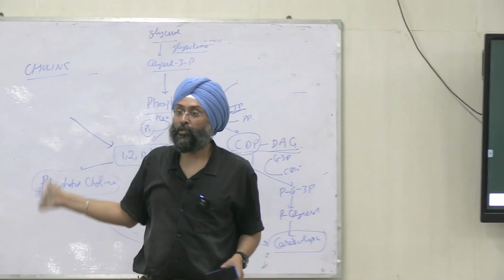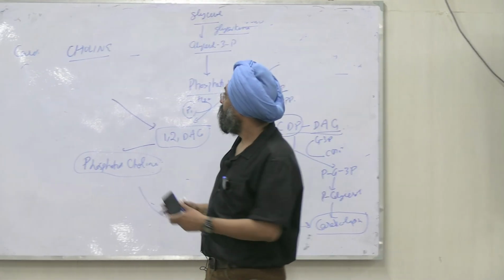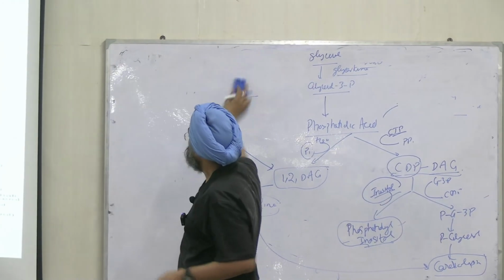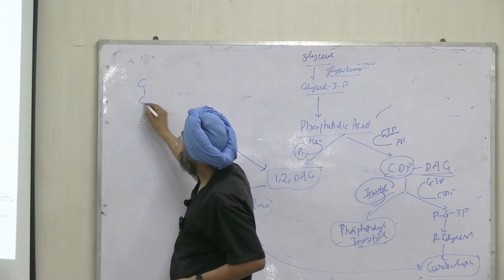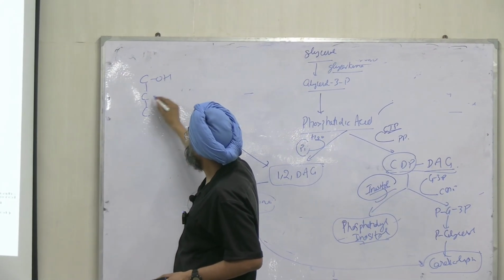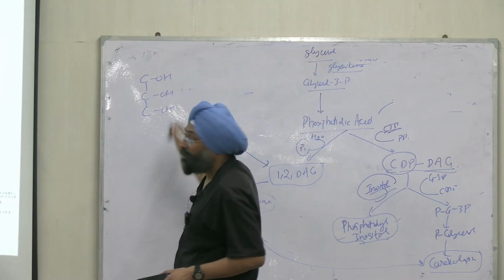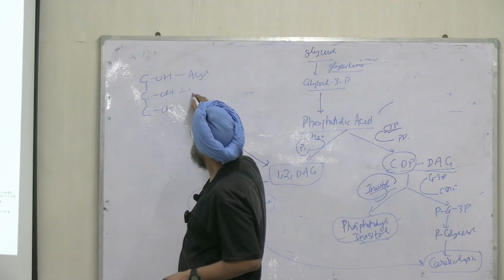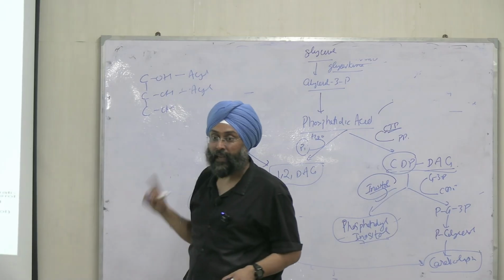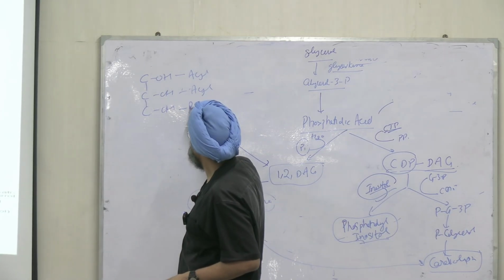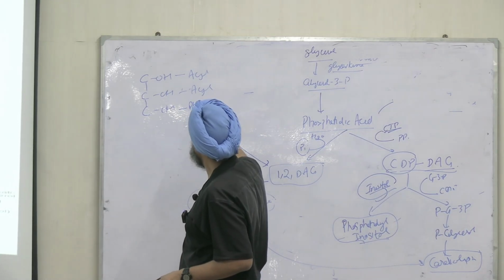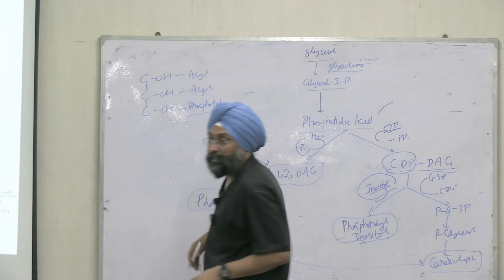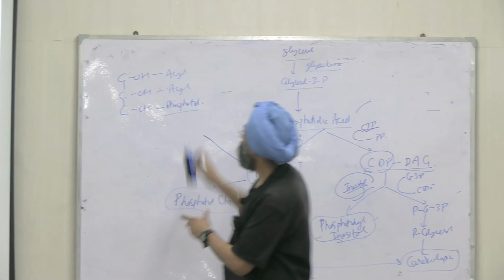right? How will you remember the structure? Again, 3 carbons are there, 3 O's are there. We have now which molecule? Glycerol. One acyl group. What are we having? Diacylglycerol. We attach phosphate.